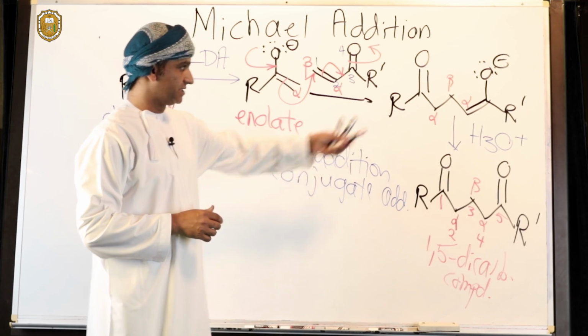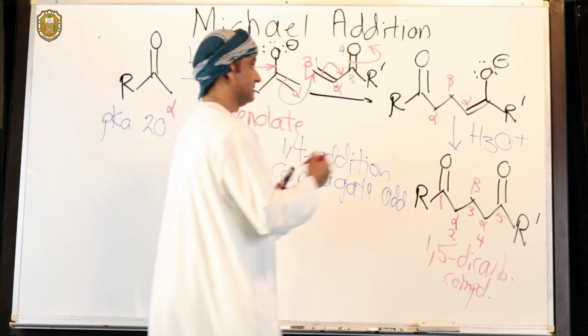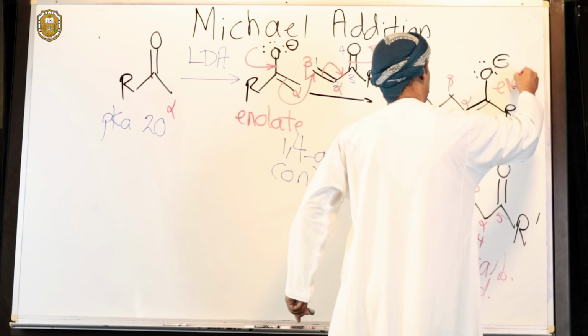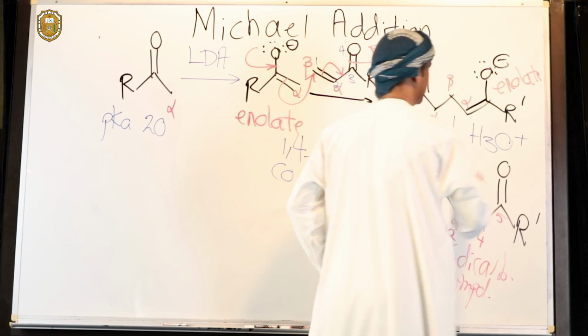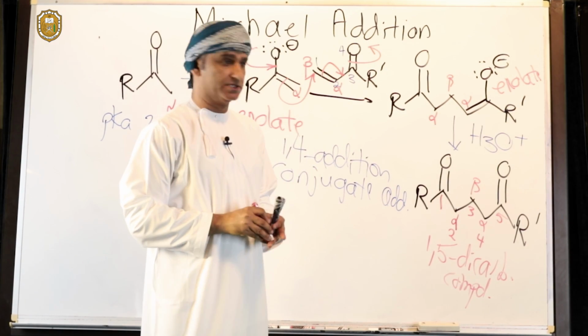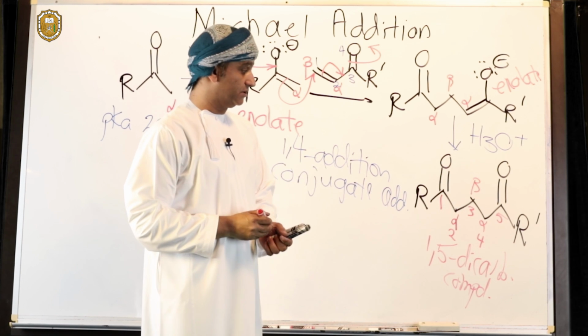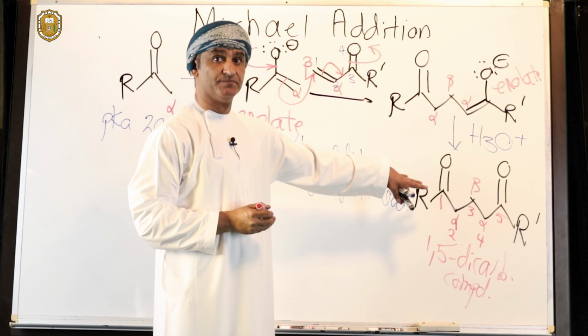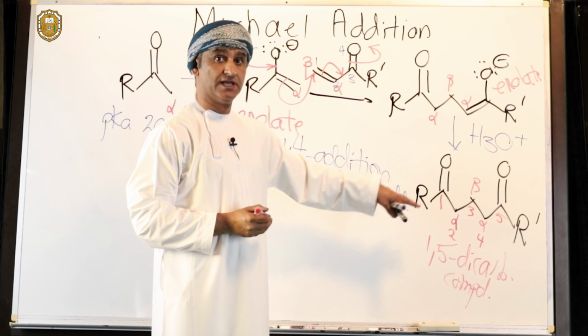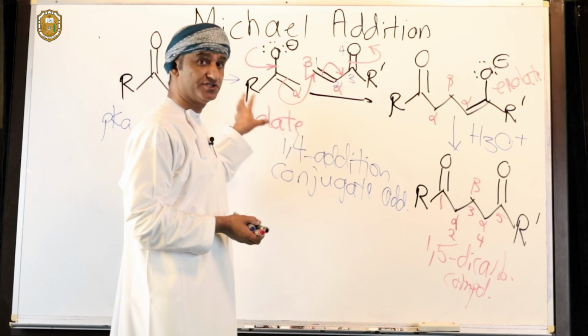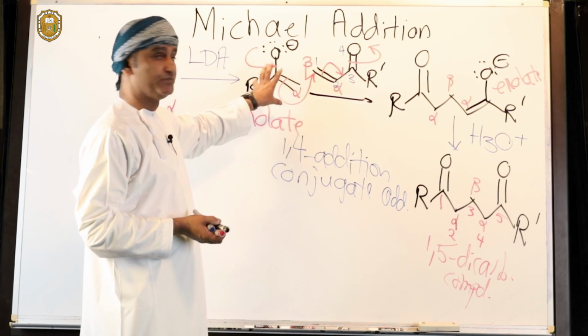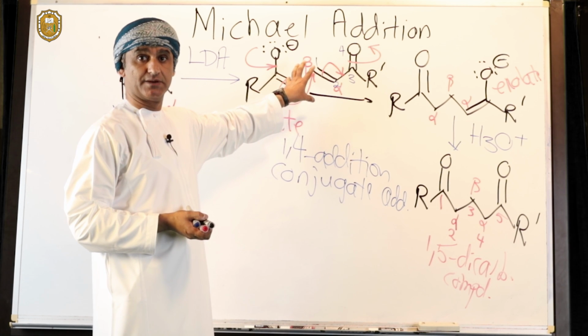In this case, this is an enolate intermediate, but the enolate gets protonated if it's treated with the hydronium ion to give eventually the ketone. This structural unit is very important, and it's very characteristic of this conjugate addition of an enolate with an alpha beta unsaturated carbonyl compound.